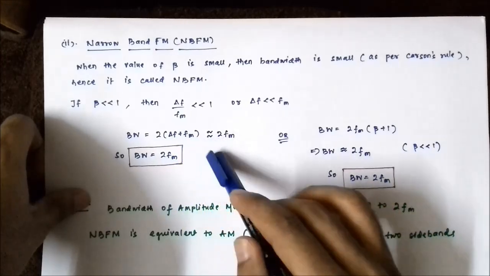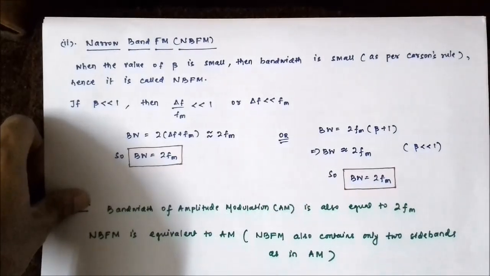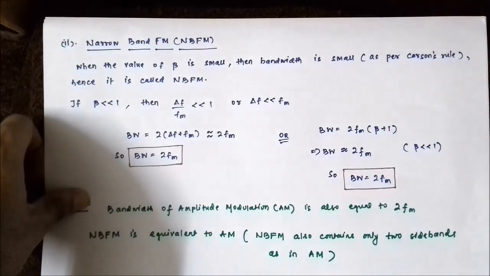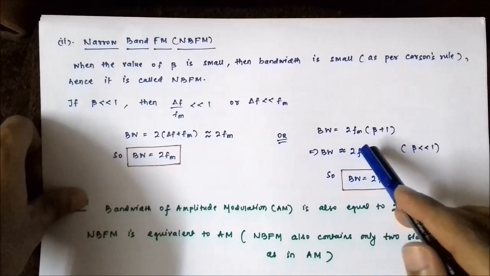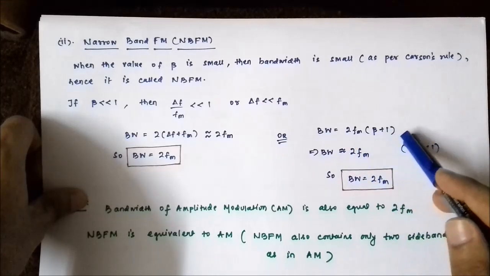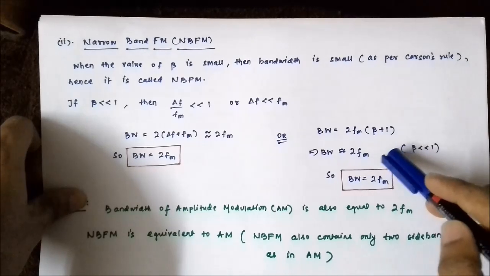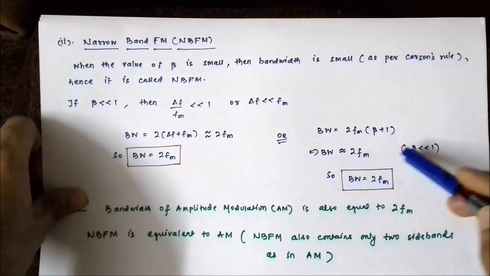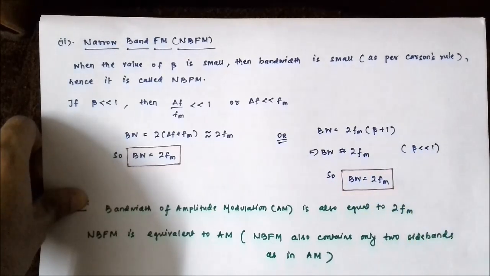So we have the approximate bandwidth for a narrowband frequency modulated signal as twice the modulation signal frequency. The same thing can be written this way: bandwidth is given by 2fm into beta plus 1, the alternative formula. As beta is much less than 1, we can ignore the beta part. So the approximate bandwidth will be 2fm.